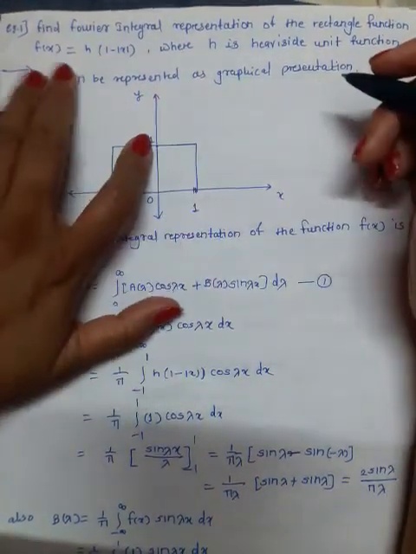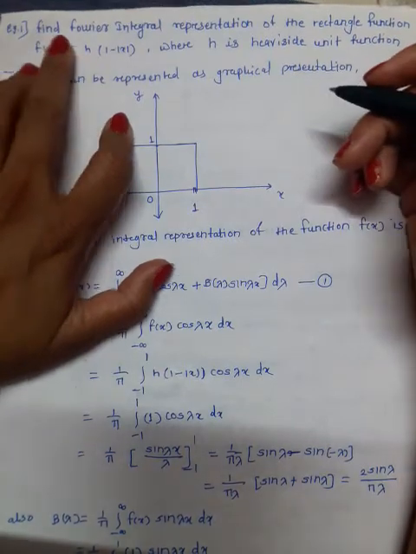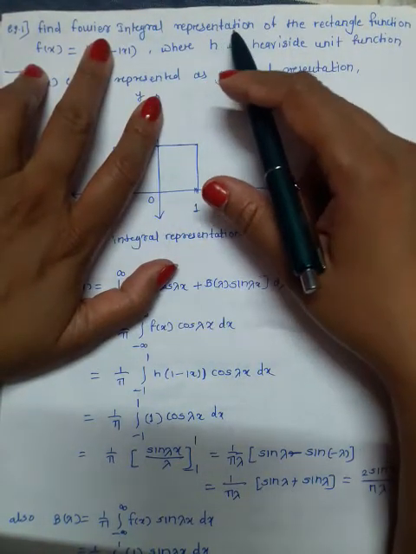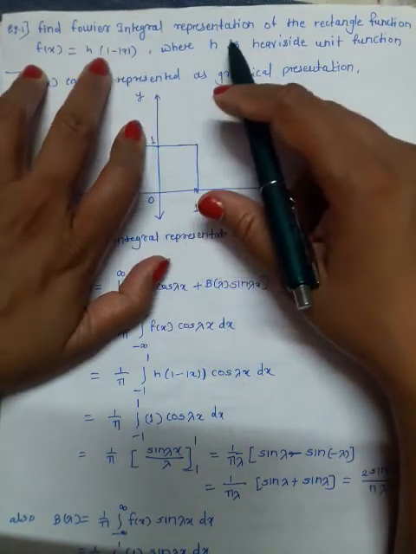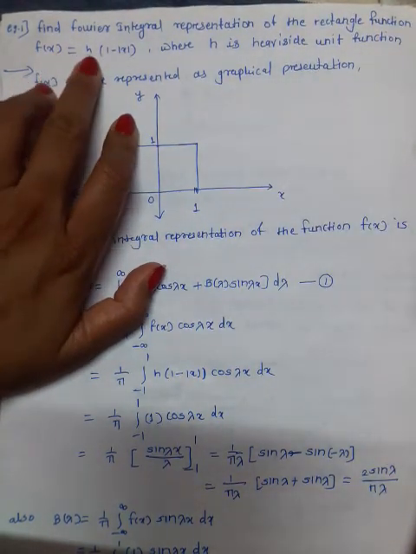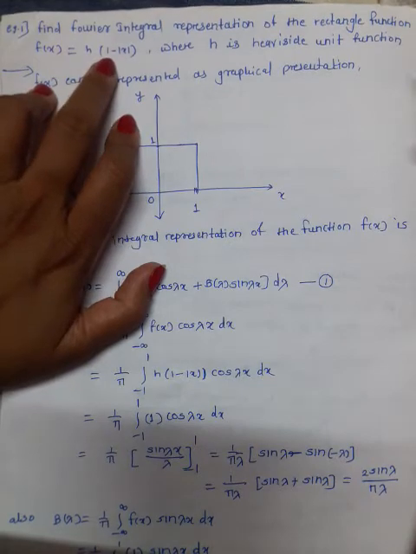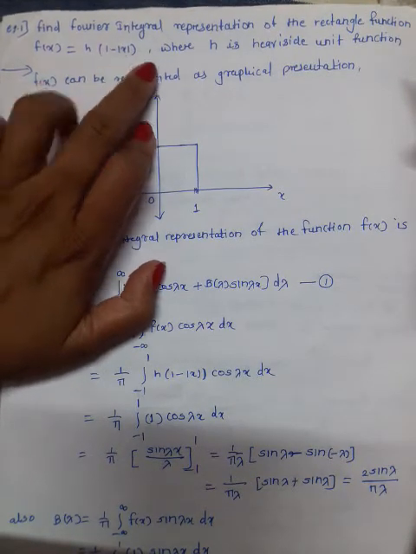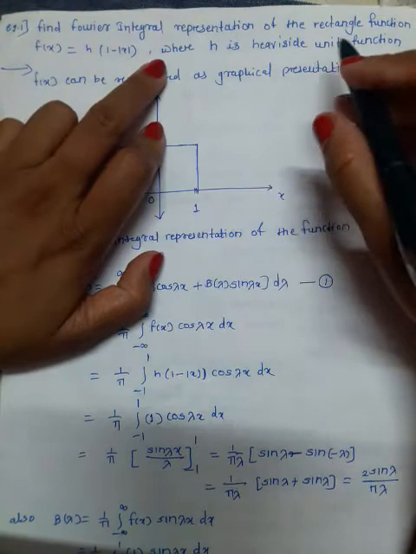Now let us consider the first example. Find the Fourier integral representation, that means the Fourier integral, of the rectangular function given by f(x) equal to H of (1 minus mod x), where H is the Heaviside unit step function.